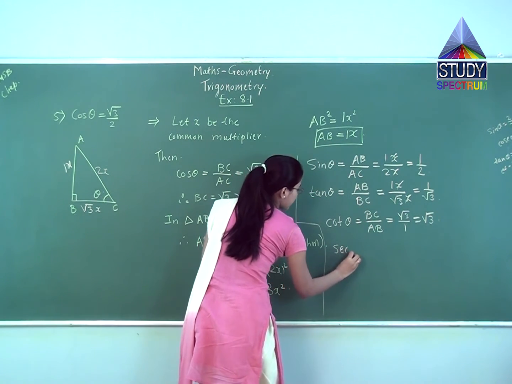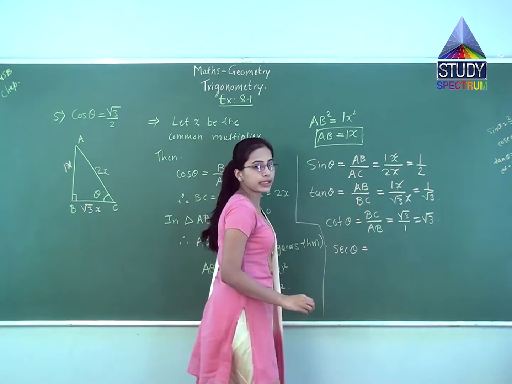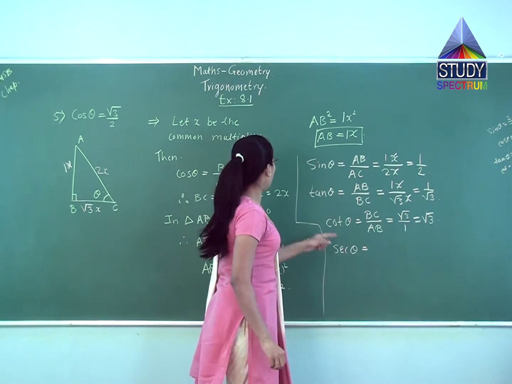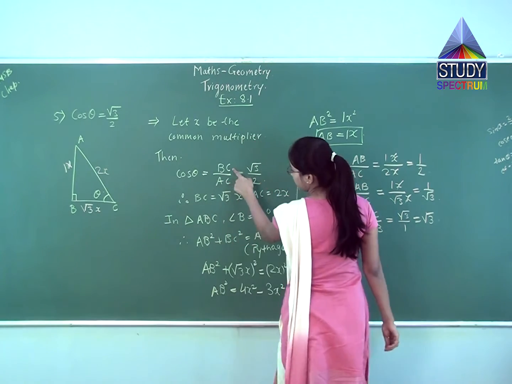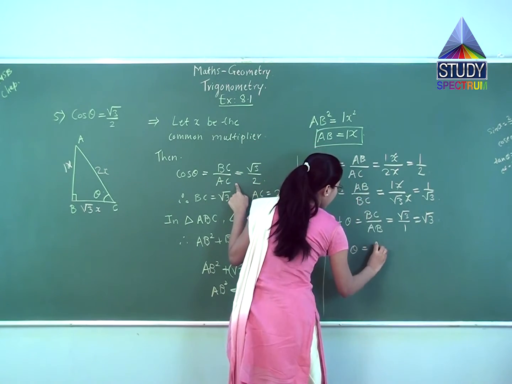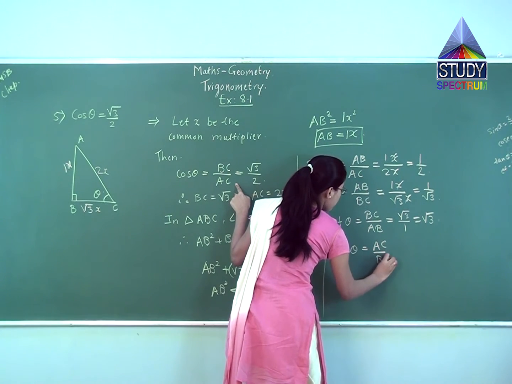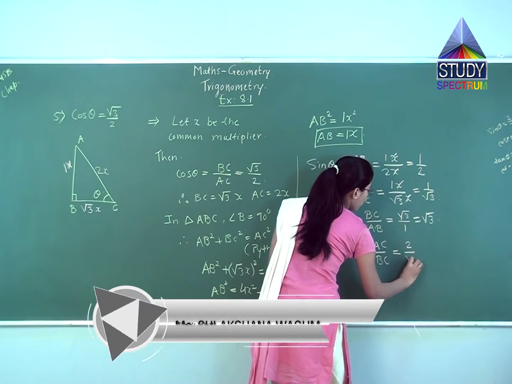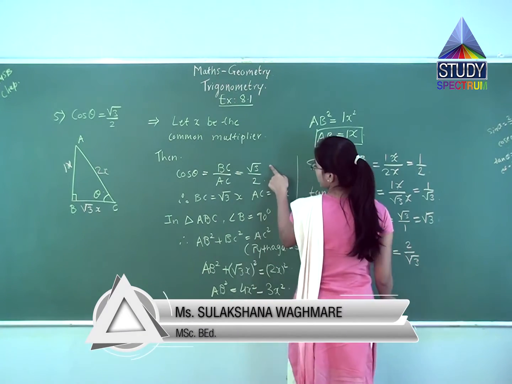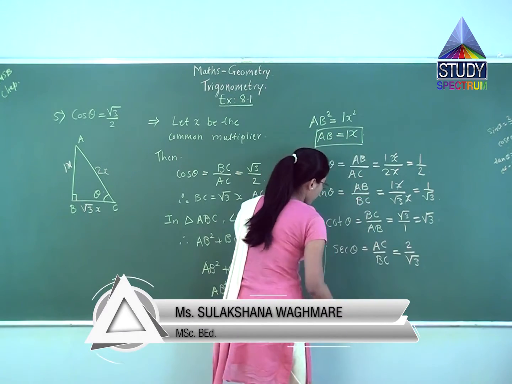Then sec theta. Sec theta is the opposite of cos. For cos we have written here BC upon AC, so it will be AC upon BC, so 2 upon root 3. It was root 3 by 2, so we will reverse that also.